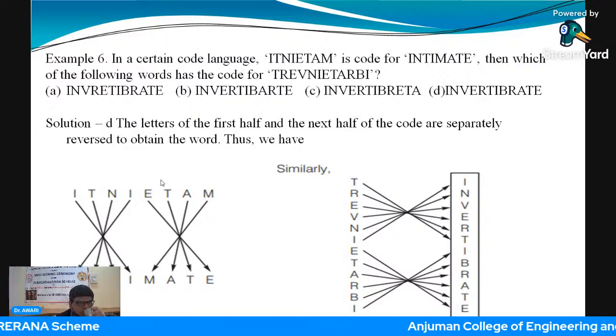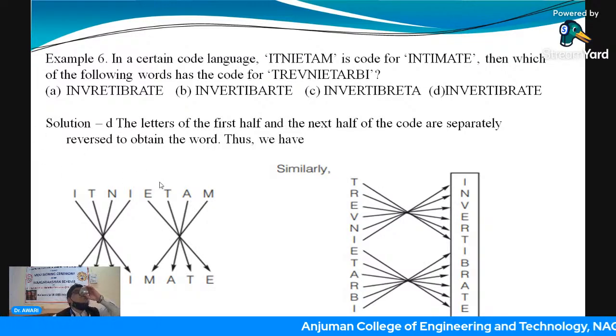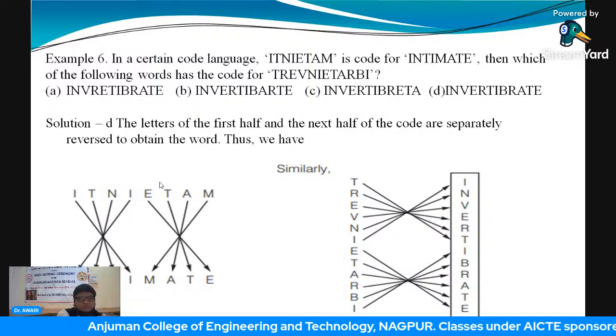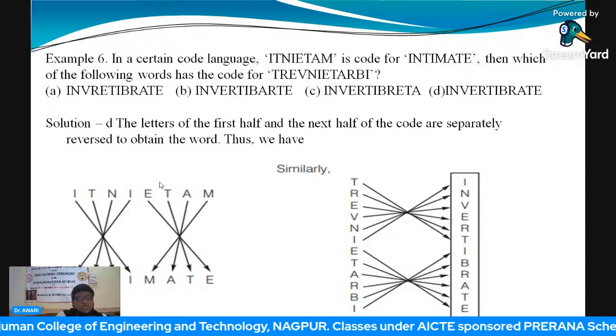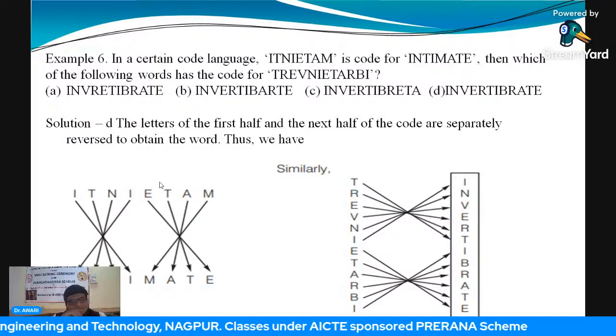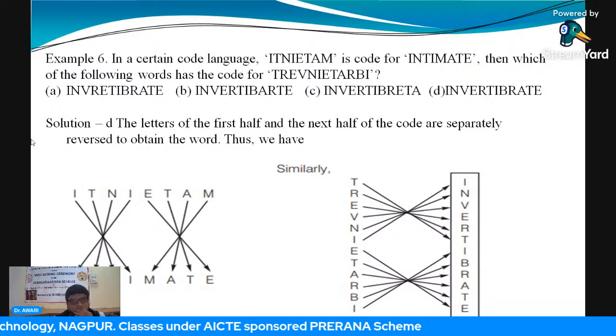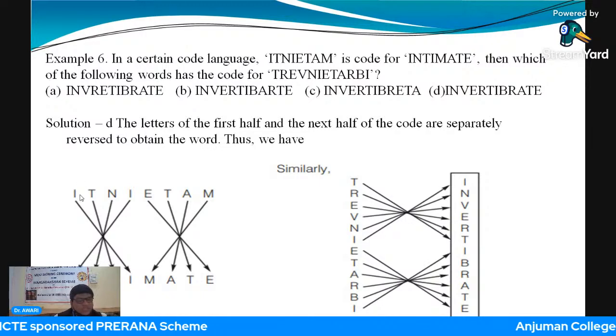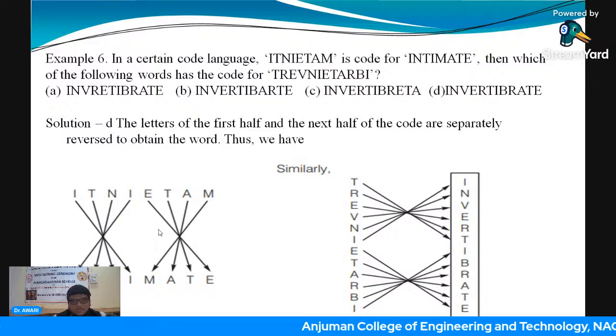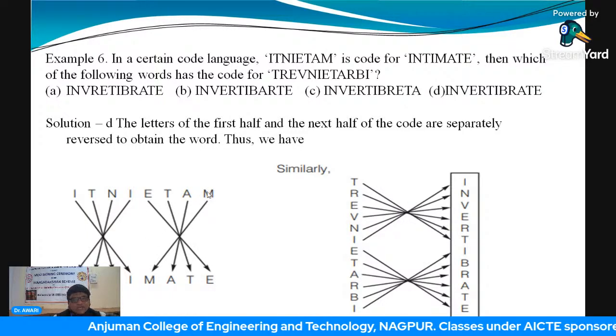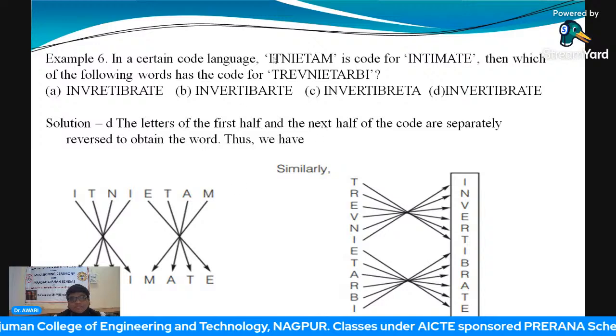For example, the letters of the first half and the next half of the code are separately reversed to obtain the word. So we have ITNI, then INTI. Similarly, ETAM.